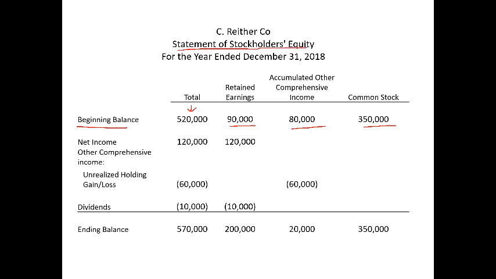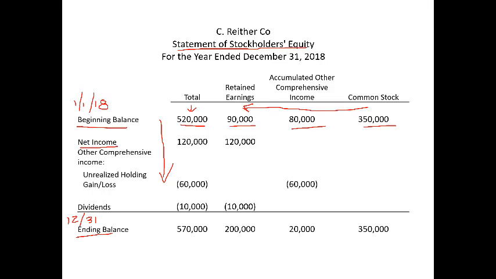The statement of stockholders' equity is going to take these balances and roll them from 1/1/18 to the ending balance, 12/31. So this sums this way, and then we sum down. Common stock plus accumulated other comprehensive income plus retained earnings gives you $520,000.